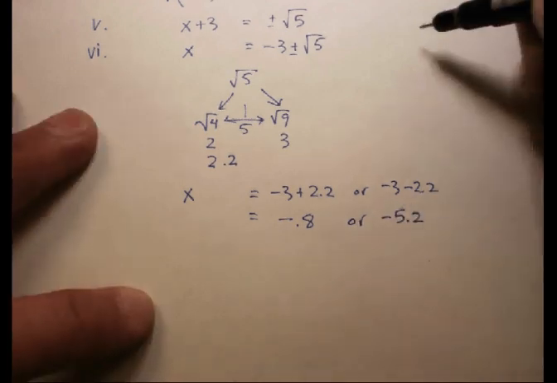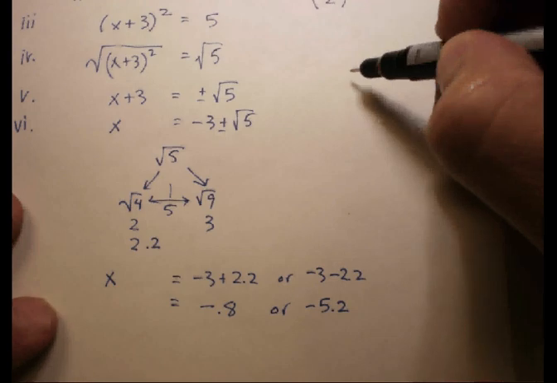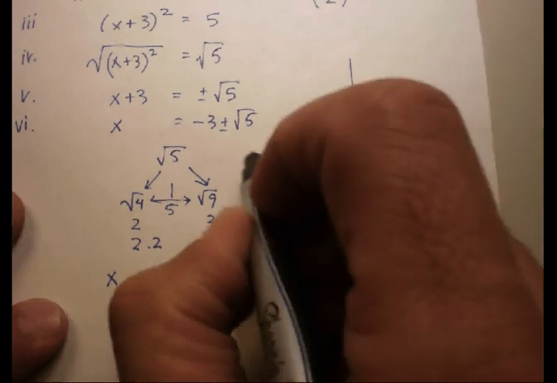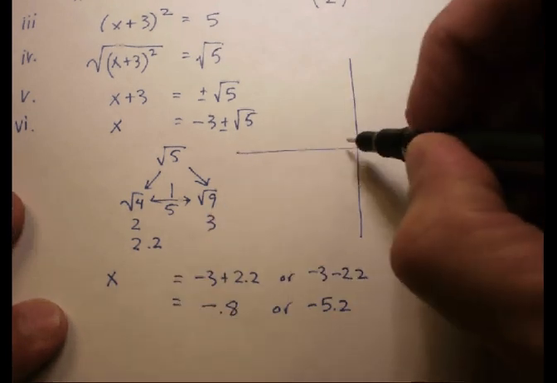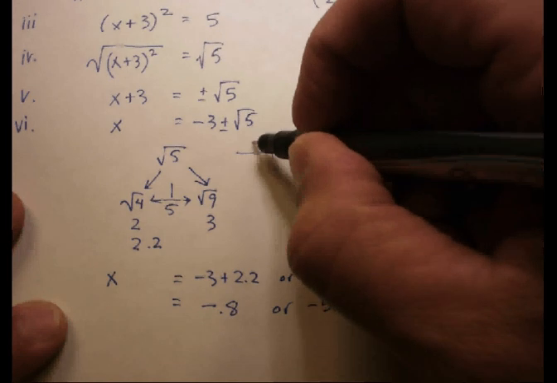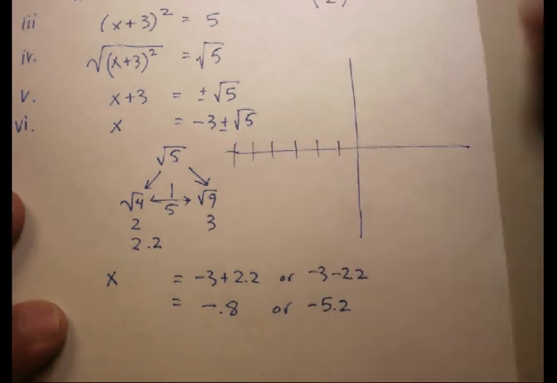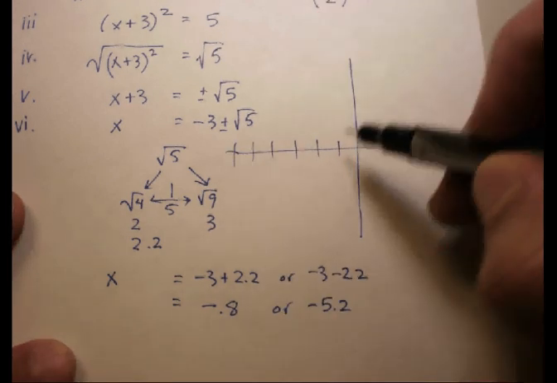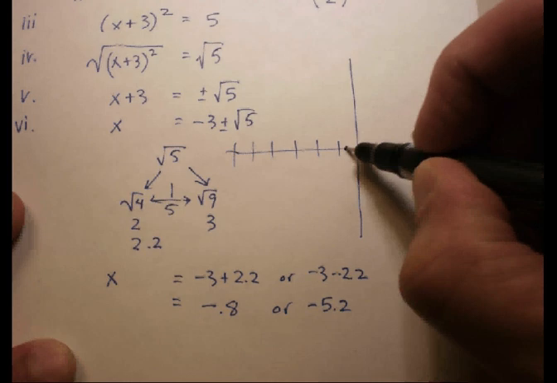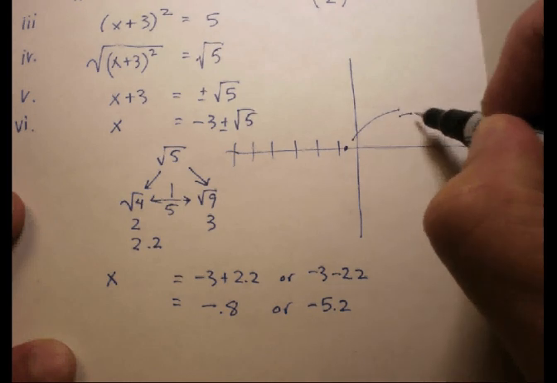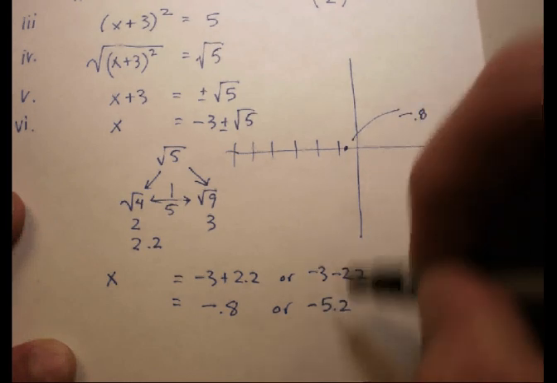That tells me that my graph of this parabola, 1, 2, 3, 4, 5, 6, I'm just going to do that real quickly, crosses the x-axis at a negative 0.8 and at a negative 5.2.